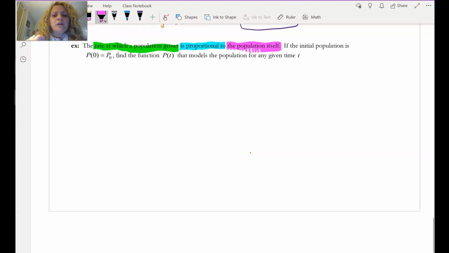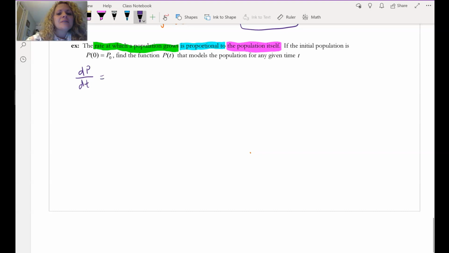Ooh, so let's try to unpack that in a couple of pieces. All right, the rate at which the population grows. So I'm going to think of this as the rate at which the population is growing with respect to time. So I'm going to think of that as dP over dt.